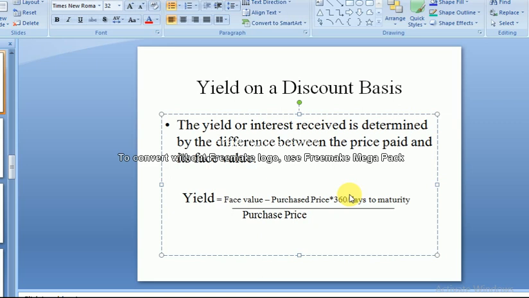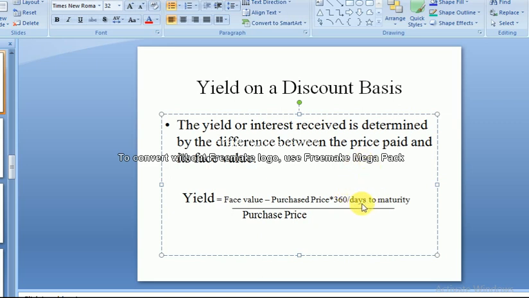The formula for the discount yield, for 30 days a month and 360 days a year, is: discount yield equals face value or par value minus purchasing price, divided by par value or purchase price, multiplied by 360 divided by days to maturity.